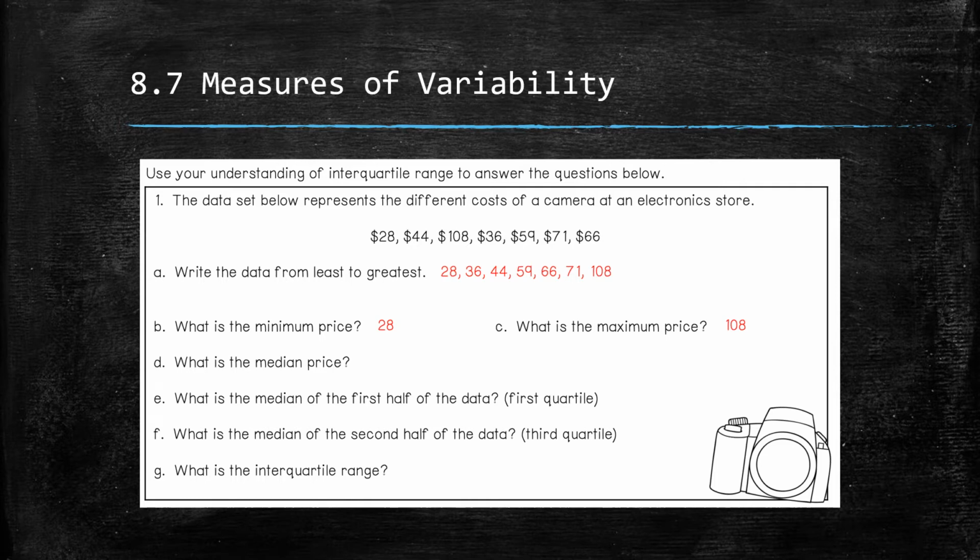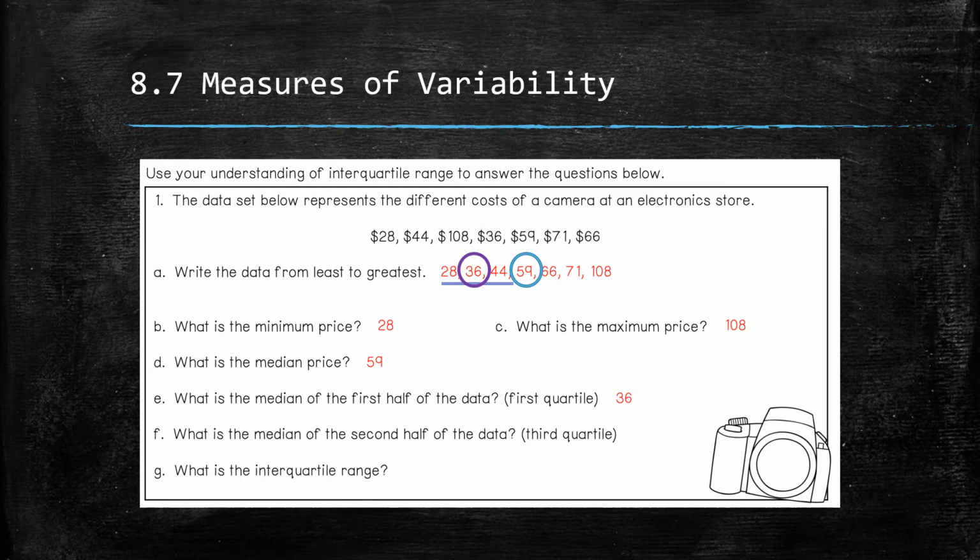I have 7 data points, so I can easily look and see the middle number, which is the median, is 59. Then I have my lower quartile, with 3 data points, so the median is 36.